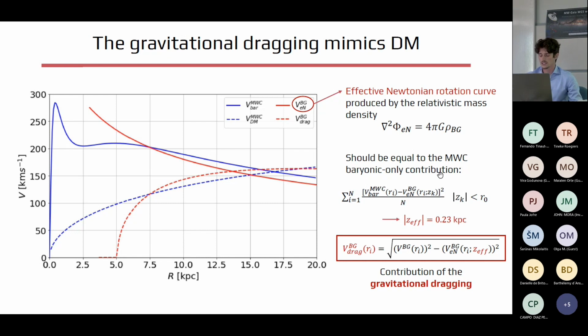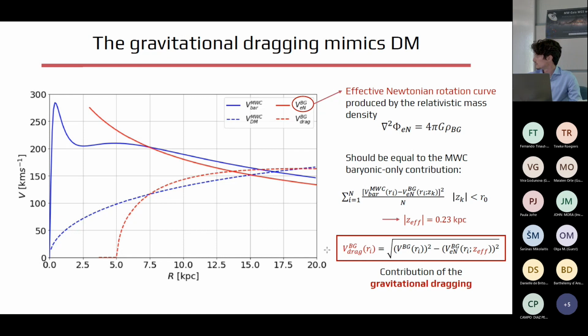However, due to the critical regions of the BG model near the rotation axis and for z greater than r0, we have to minimize the difference between the two curves over the disk thickness used to compute the effective velocity.